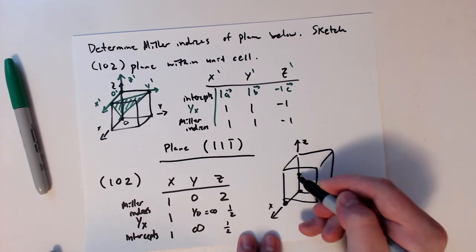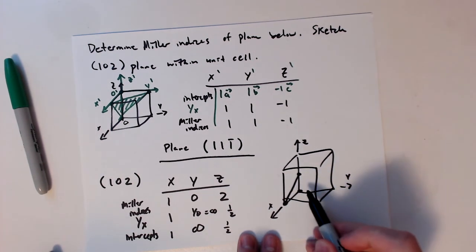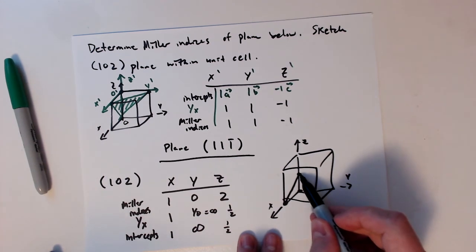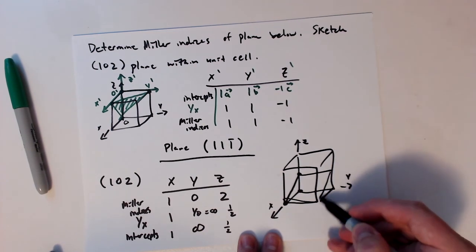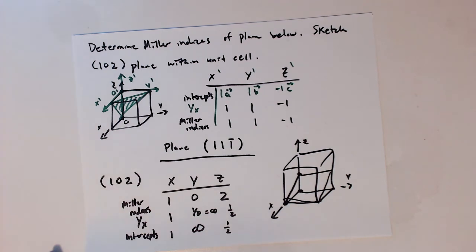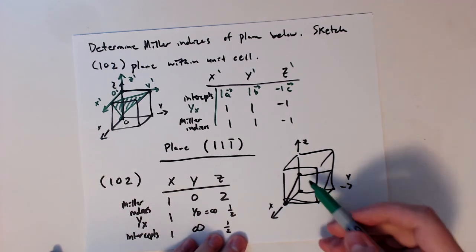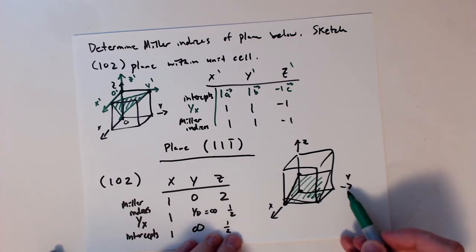So what I'm going to do is connect the points. In this case, I only have 2. But I know if it doesn't intercept the y-axis, it's going to be parallel to the y-axis. So I can draw a line from each of these points, and I know that the plane is going to run parallel. So this plane runs parallel to the y-axis, therefore it can never cross.